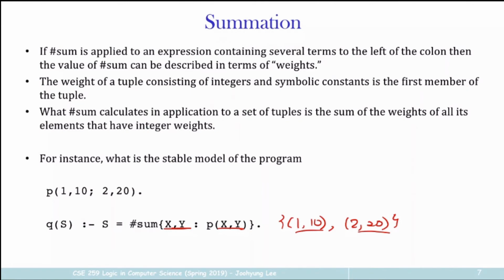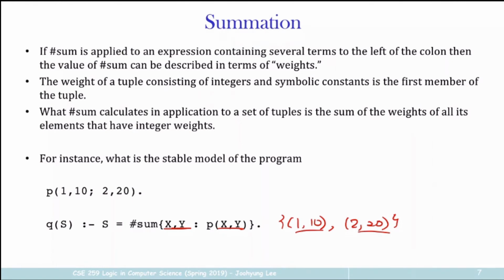So if we write this way, we have created 2 XY pairs, right? But when we apply the sum, we sum over the x values. That's the convention. So it's called the weight. And when sum calculates, it is summing over this weight. Okay?